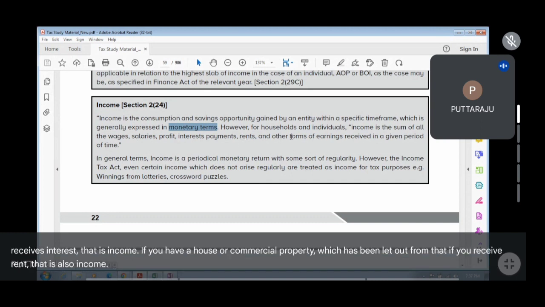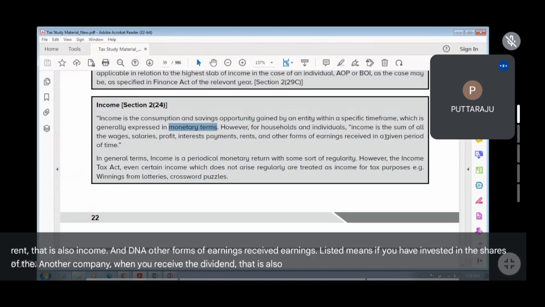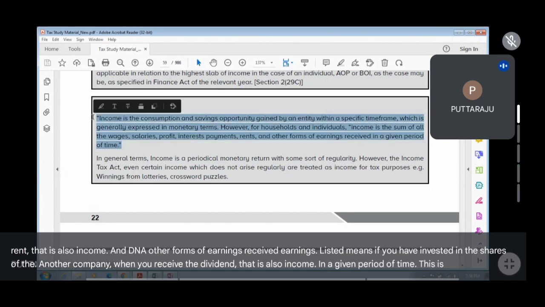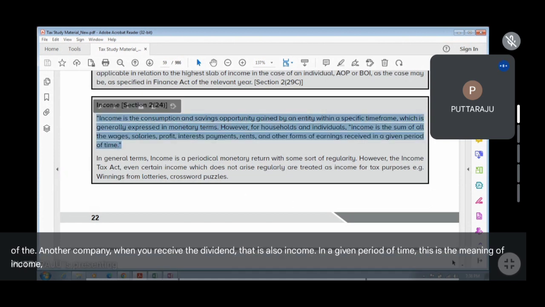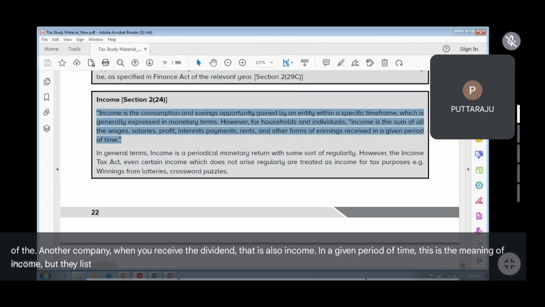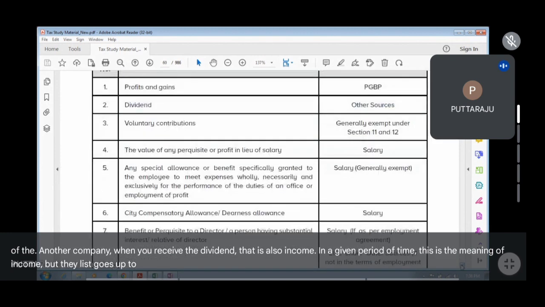And any other forms of earnings received. If you have invested in the shares of another company, when you receive the dividend, that is also income in a given period of time. This is the meaning of income, but the list goes up to 23 items.